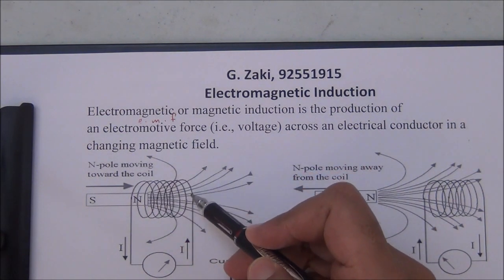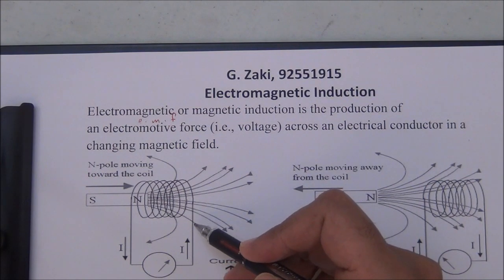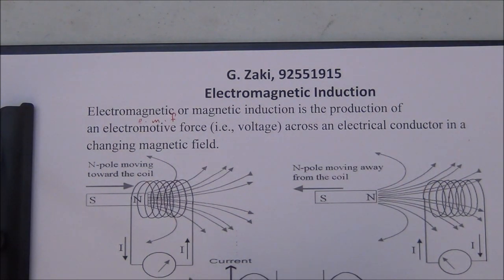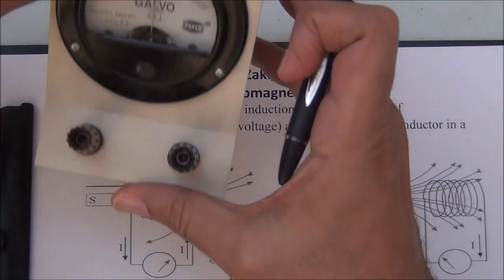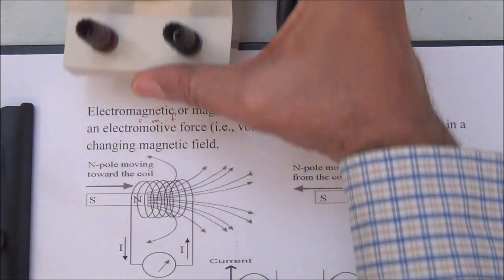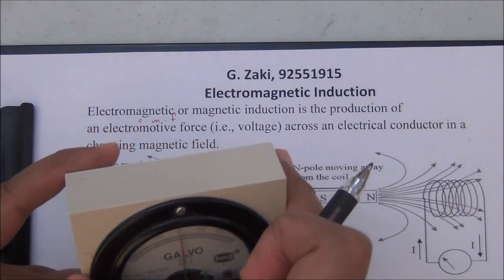That change in magnetic flux produces a current in one direction. So if we connect the wire to a galvanometer, the galvanometer needle is deflected to the right.